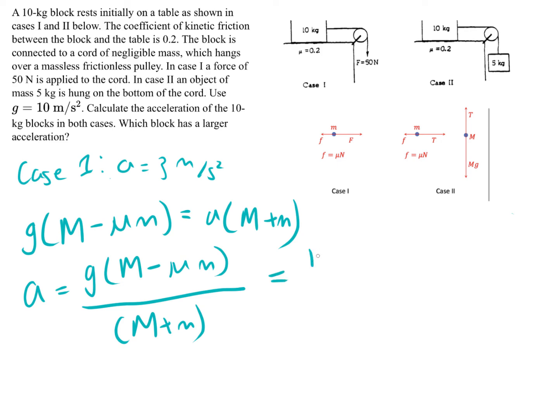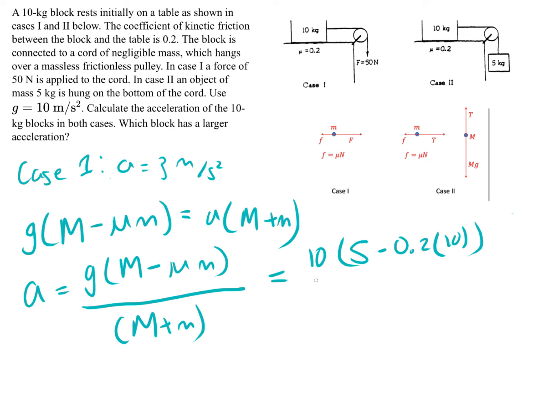This is equal to the gravitational acceleration of 10 meters per second squared times capital M, which is the mass of the little block actually. Should have actually been reversed, but it doesn't really matter. 5 kilograms minus the coefficient of kinetic friction times little m, which is actually the big block of 10 kilograms.